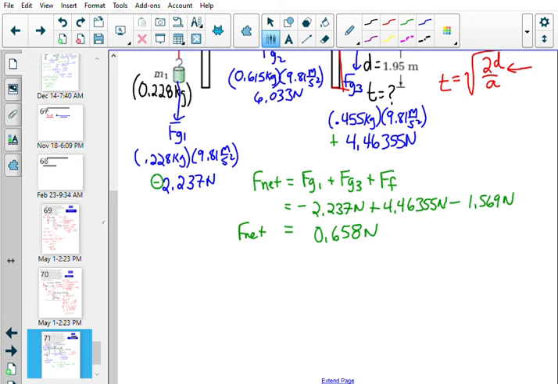F net is all 3 masses added together. It's m1 plus m2 plus m3 times a, to give that 0.658 newtons. The three masses of 0.228, 0.615, and 0.455 all add up to 1.298 kilograms.